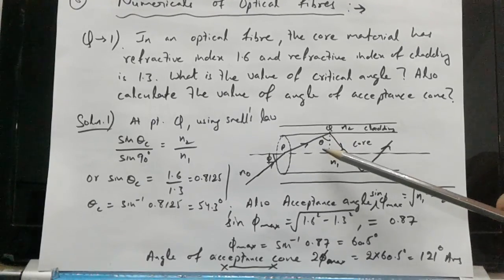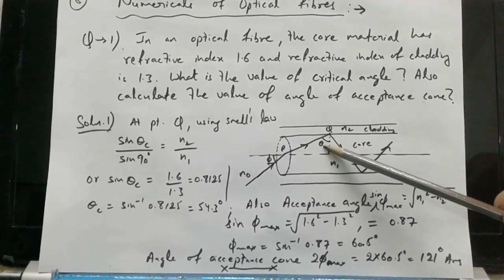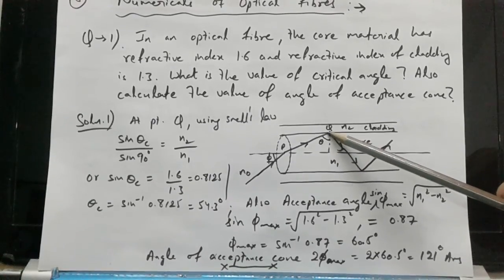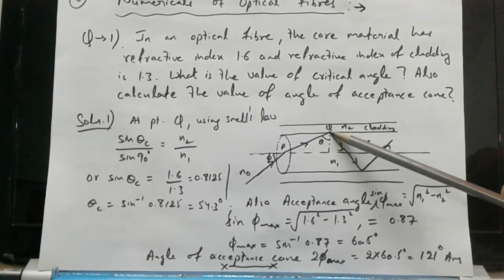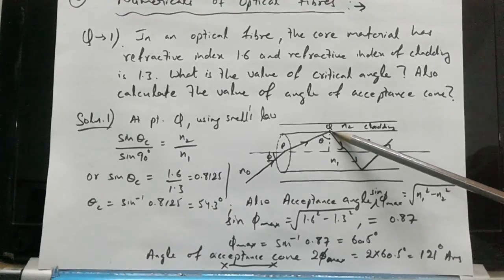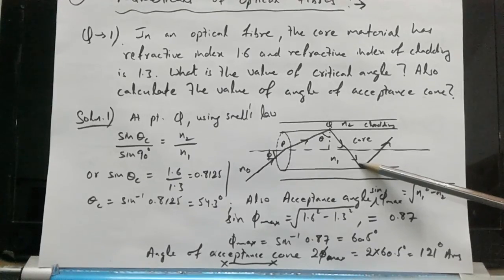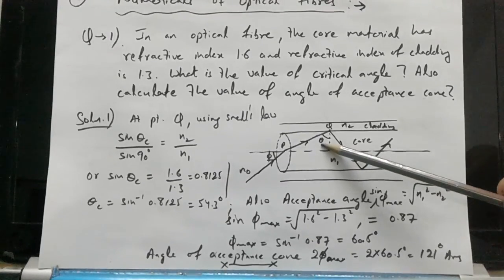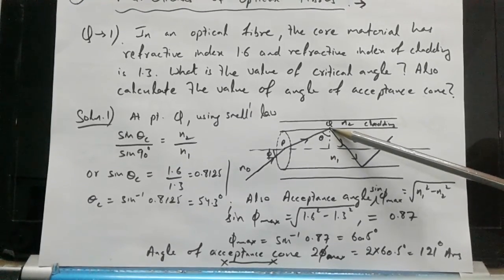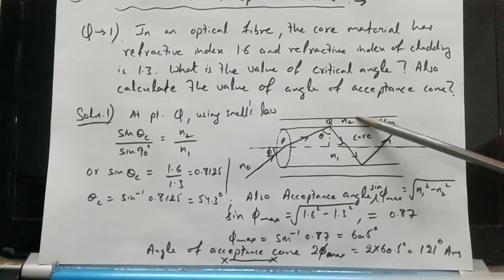Now if this angle theta is greater than the critical angle, then only the light will be total internal reflected from point Q and will go inside the core. But if this theta is less than critical angle, in that case this light won't be total internal reflected, and so it will move into the cladding.